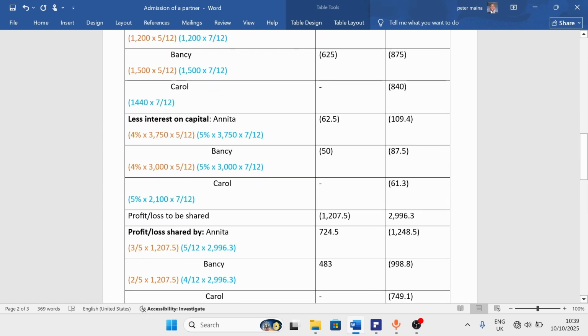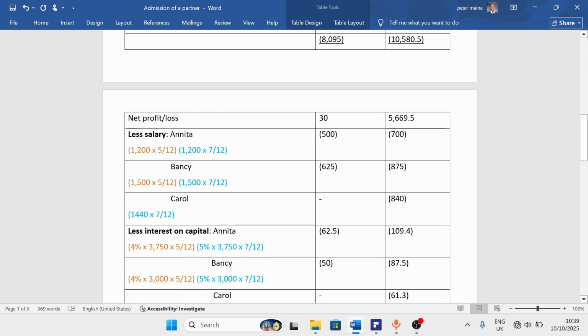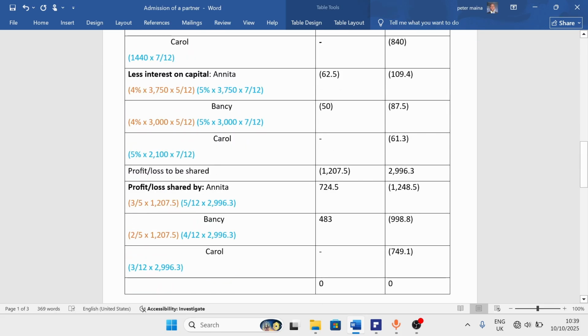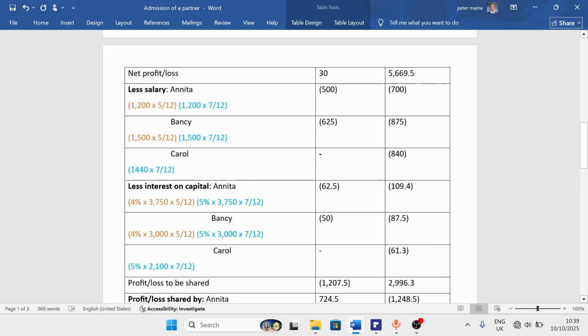Everything that has been shown in the appropriation part is supposed to be shown in the current account. So let us start with the salaries. The salaries are paid by the business to the partners. So we are going to be crediting the current account with the salary paid to each partner. So we start with Anita. Now we don't need to apportion anymore.